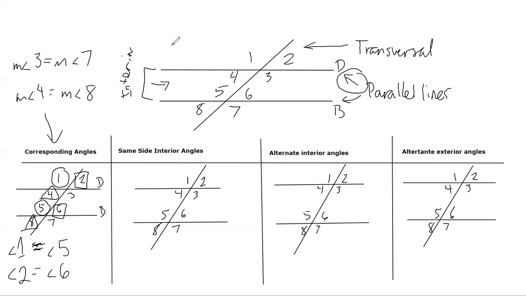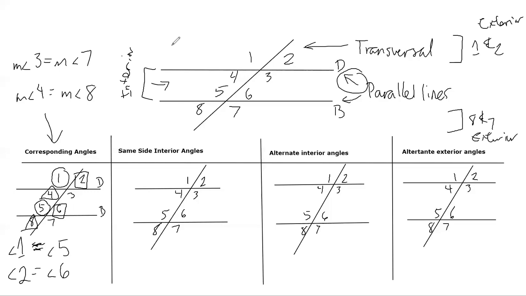However, what if we're talking about exterior angles? This one right here and this one down here. Measure angles 1 and 2 are exterior, and measure angles 8 and 7 are also exterior.